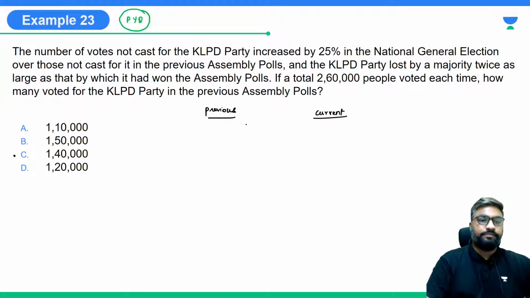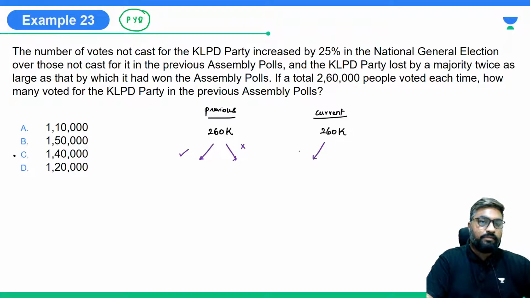Okay, fine. So let's take previous and current into consideration. In both, 260,000 people voted each time. Okay, 260k people voted each time. Now number of people voted for this party, number of people did not vote for the party.